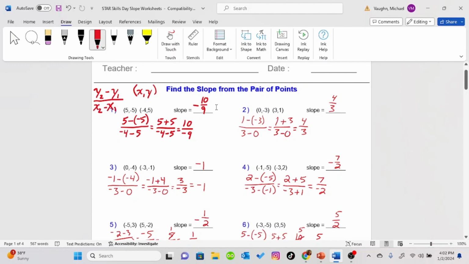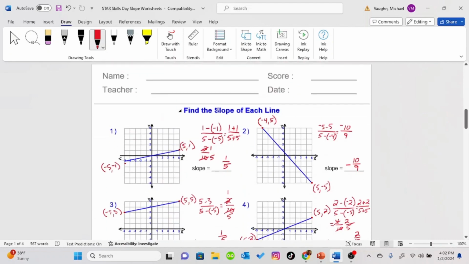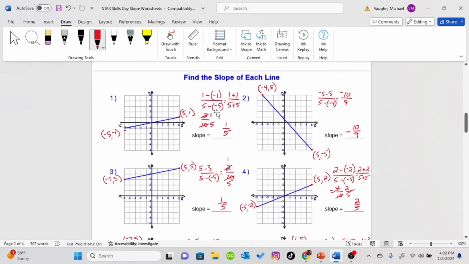And that gives you your slope. Also, you should feel better about how to find the slope using a graph. Pick 2 points on the line, take the second y and subtract the first y, and put that over the second x minus the first x, and that will give you your slope.